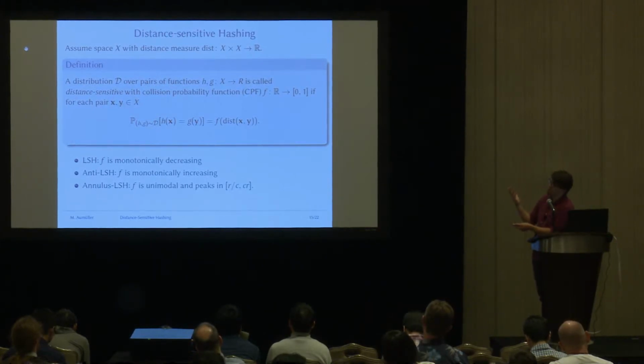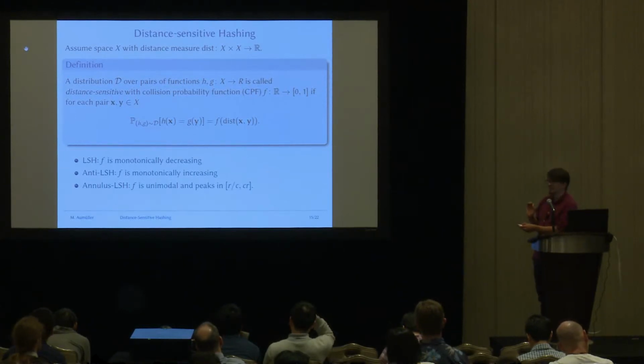If you're interested in filtering out near neighbors, then it should be monotonically increasing. If you want an annulus query, then you need something that has a single peak. And this peak should be located within this distance. In our example, it should be located at distance r. Each function possibly gives you the opportunity to solve different problems here.